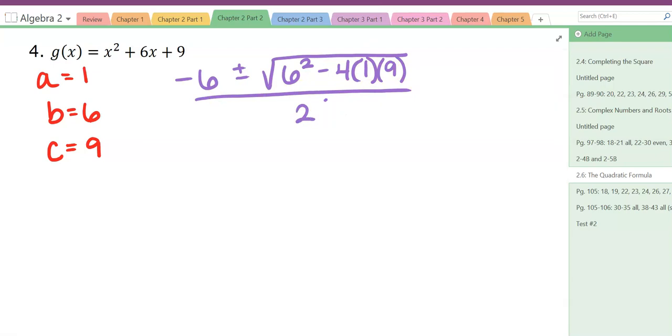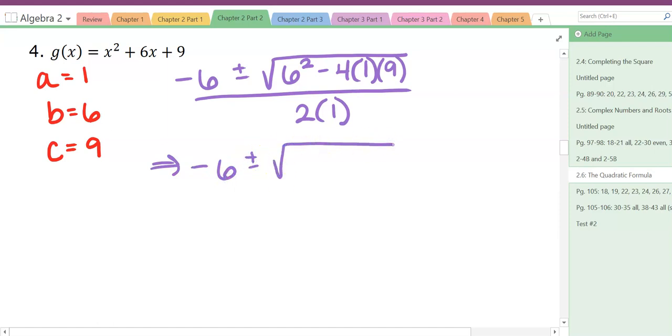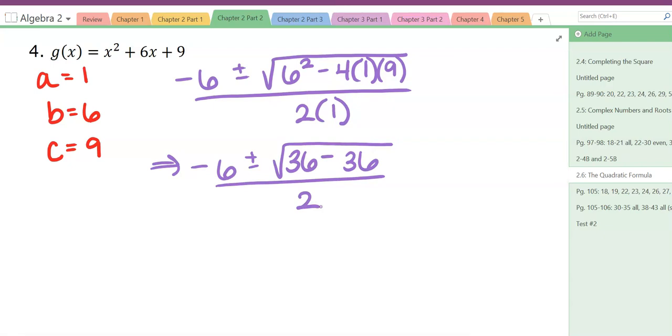Oops, all over 2 times 1. So negative 6 plus or minus, what is 6 squared? 36 minus, what's 4 times 1 times 9? 36. All over 2. What's going to happen underneath my square root sign? It's going to be 0.